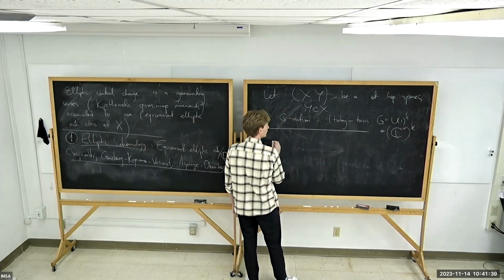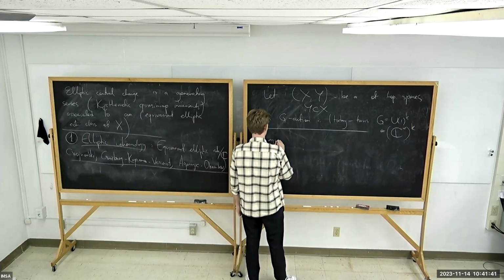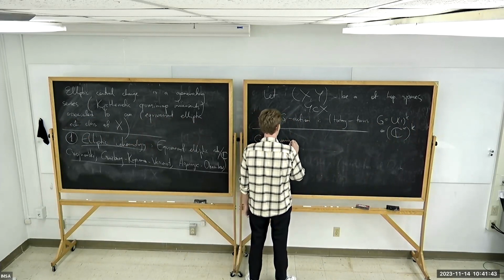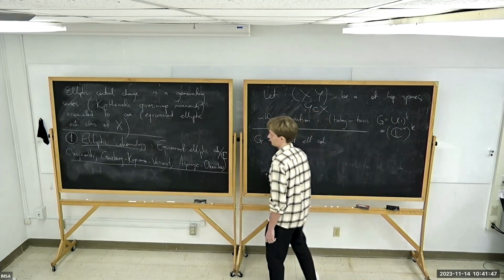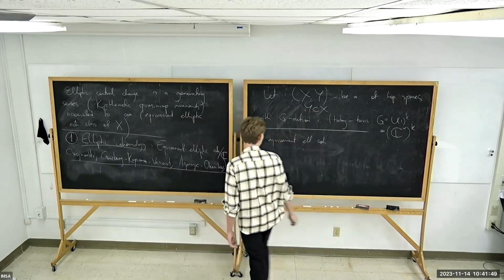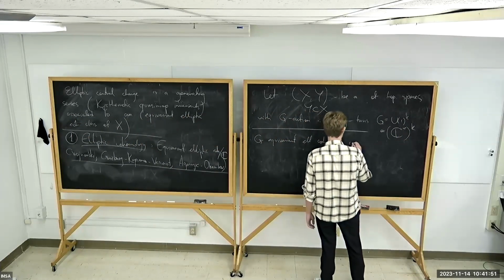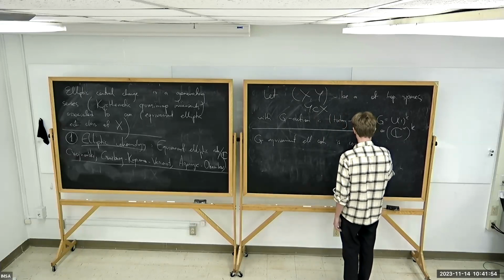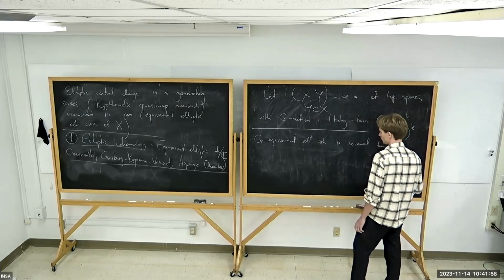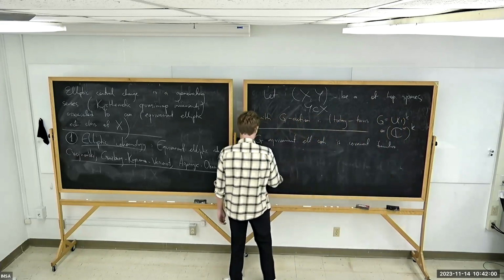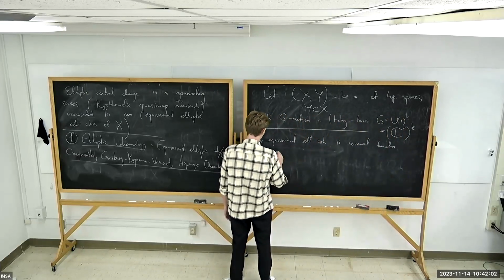So G-equivariant elliptic cohomology, in the language of this framework, is going to be a covariant functor from pairs of topological spaces.